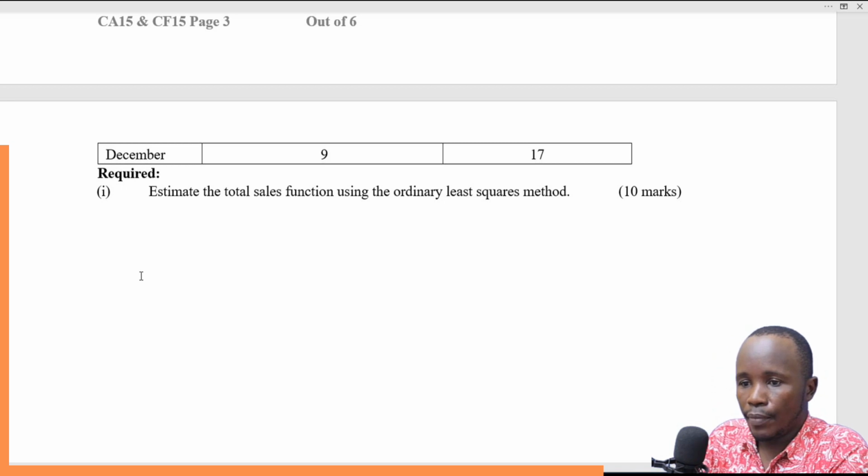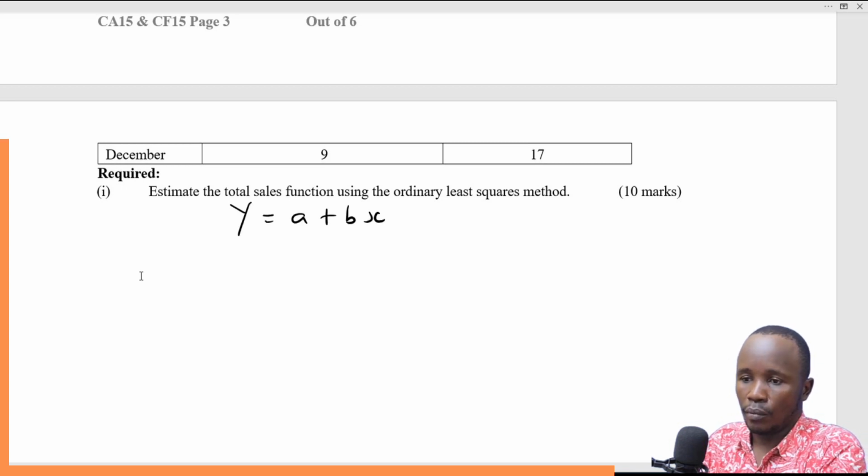Now, the sales function is given in the form of y is equals to a plus bx. But to get a and b, we have these two formulas here.